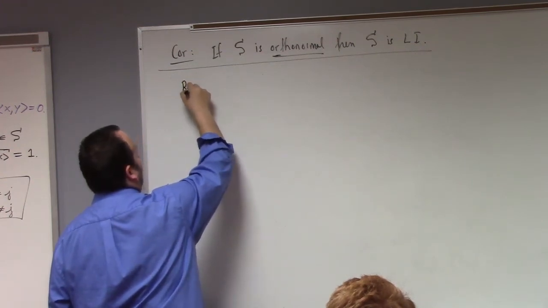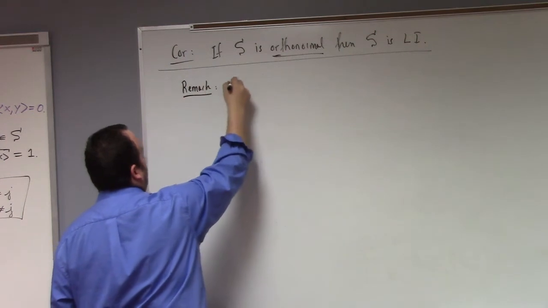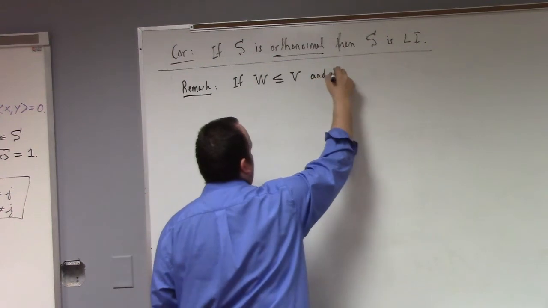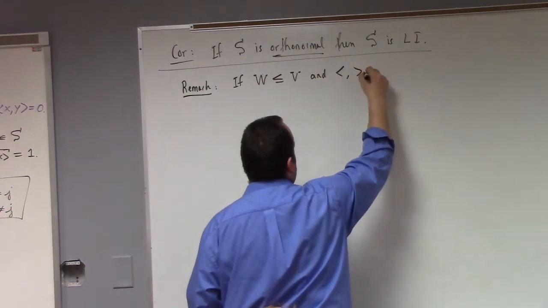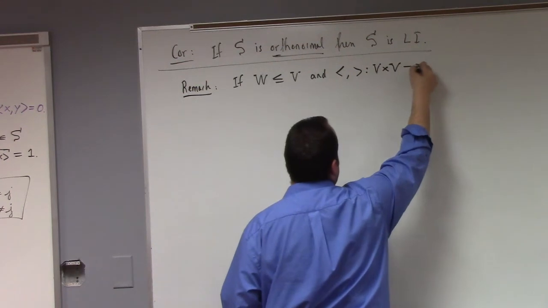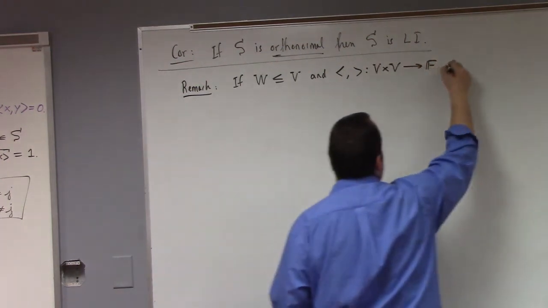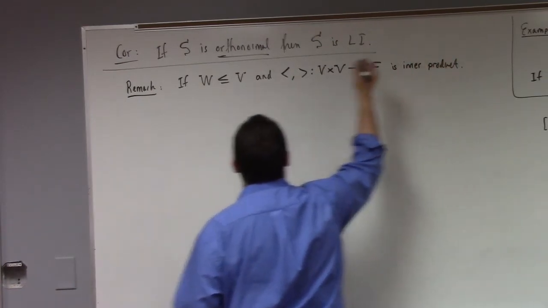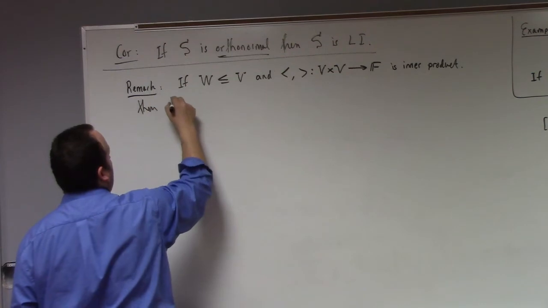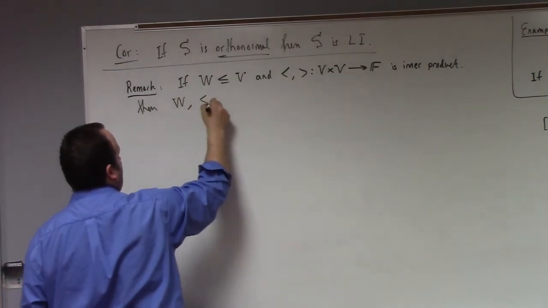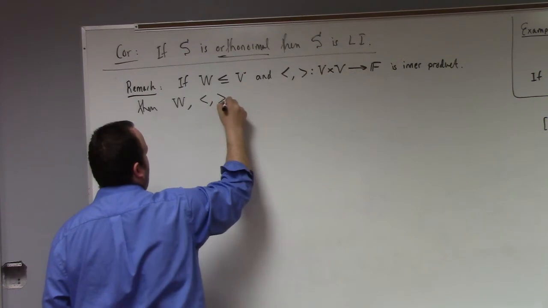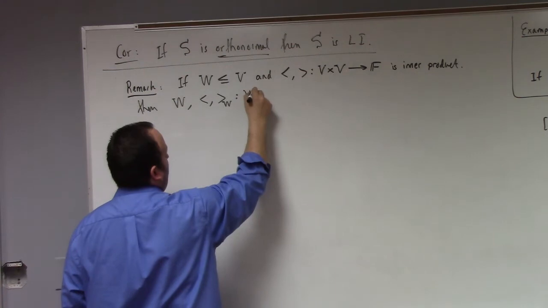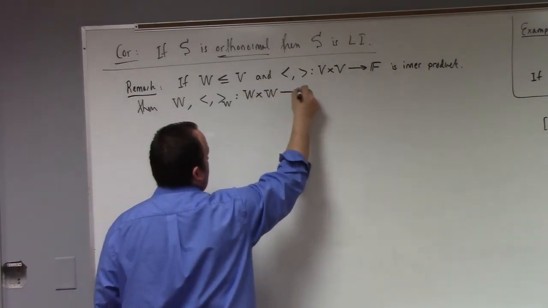And remark, if W is a subspace of V, and this is an inner product on V, then W paired with the inner product restricted. We don't even write this half the time, but you can restrict the inner product to W, in the sense that it's a mapping from W cross W to the field.